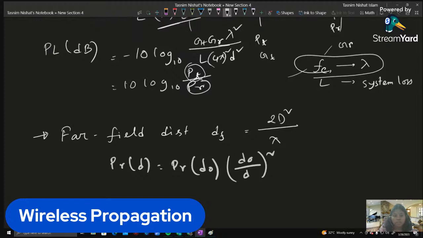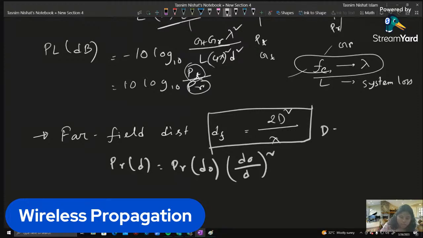So the far field distance is df equals 2D squared by lambda, where D is the largest physical dimension of the antenna. This is the simple way to put in this term, 2D squared by lambda. This is far field distance.